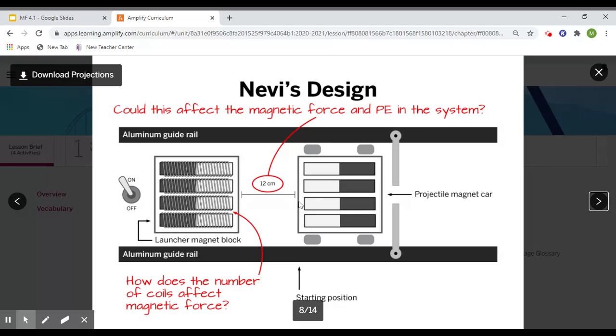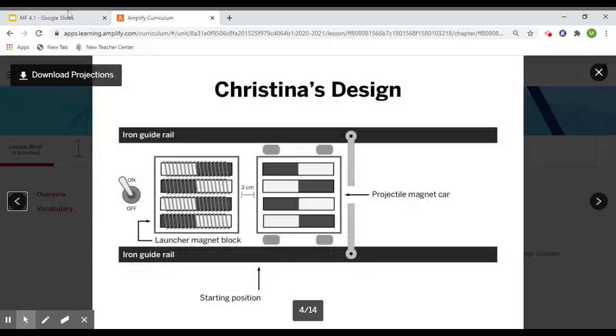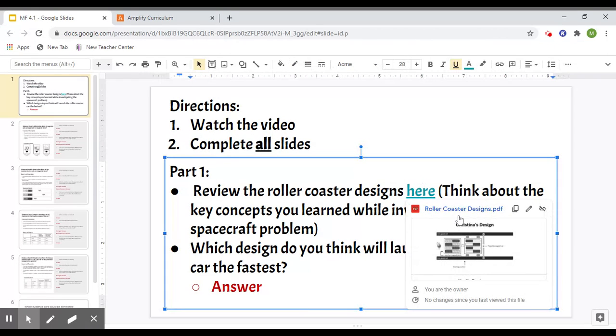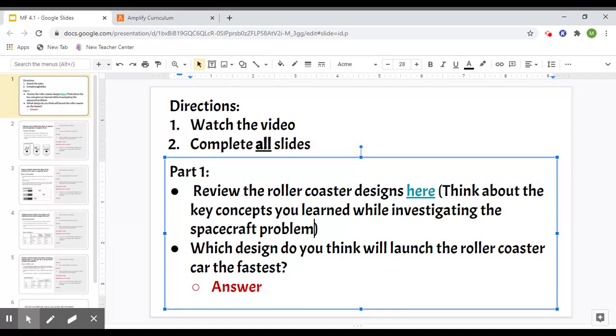We've talked about closeness of magnets, of repelling magnets, and how much energy that will be in the system. And does the number of coils affect magnetic force? Also, think about the setup of the magnets and these guide rails along the edge. So maybe pause the video now and go click this and look through these designs, thinking about what you've learned while investigating the spacecraft, and then put here which one you think is the fastest before you do any research.